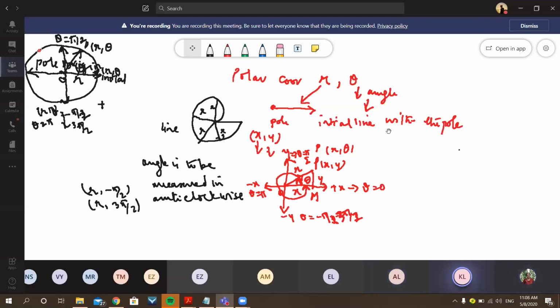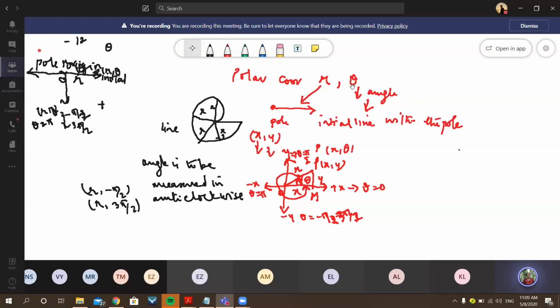To plot the point, supposing I want to make a point, this is my r, theta. This is my r.